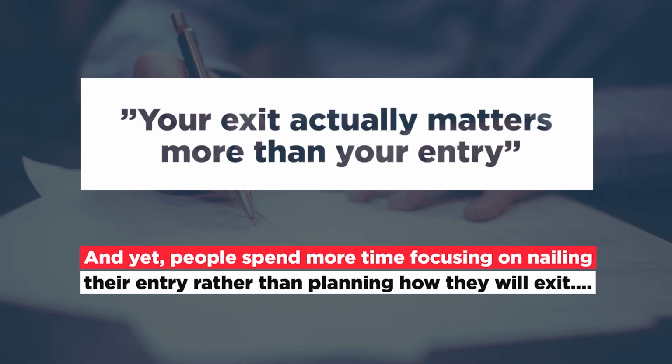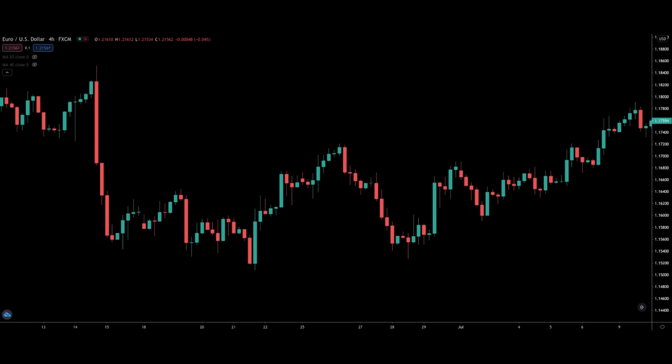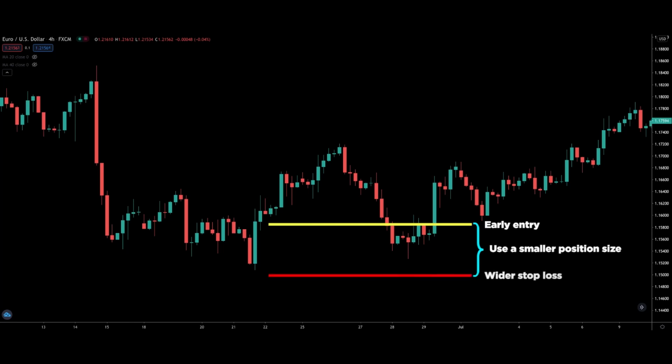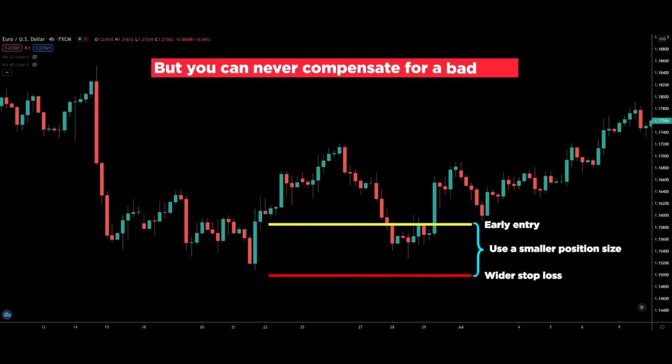Let me explain why your exit is actually more important. Now, you can always compensate for a bad entry by managing your position size and setting in a wider stop loss. But well, you can't compensate for a bad exit.